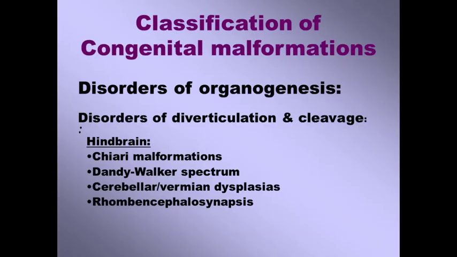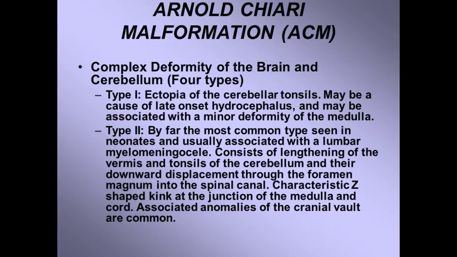Disorders of organogenesis in the hindbrain consist of Chiari malformation, Dandy-Walker spectrum, cerebellar vermian dysplasia, and rhombencephalosynapsis. Arnold-Chiari malformation: complex deformity of the brain and cerebellum. Four types. Type 1: ectopia of the cerebellar tonsils may cause late-onset hydrocephalus and may be associated with major deformity of the medulla.